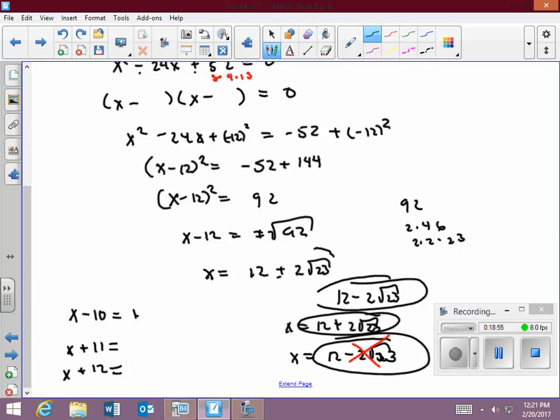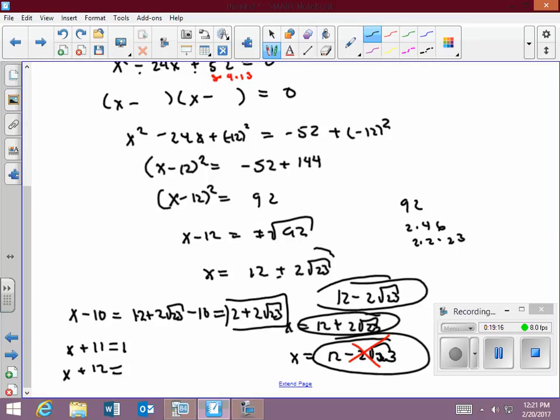So it's 12 plus 2 square root of 23 minus 10, which is going to be 2 plus 2 square root of 23. So that'd be one side.